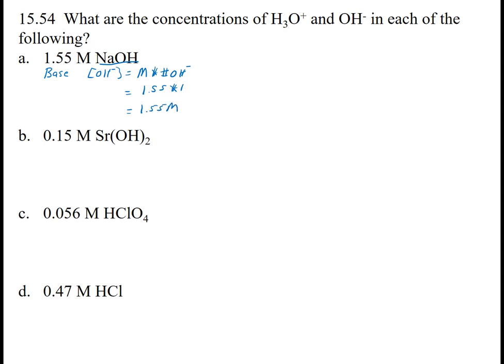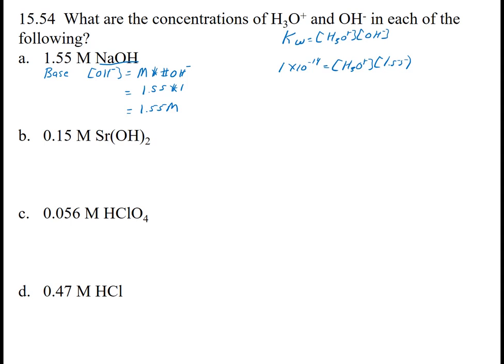And then I go back to the other formula, which I'm going to write here at the top. Kw, which is given to you on the exam, is H3O plus times hydroxide. So for this particular problem, I have 1 times 10 to the minus 14th. H3O plus is what I don't know, times 1.55.